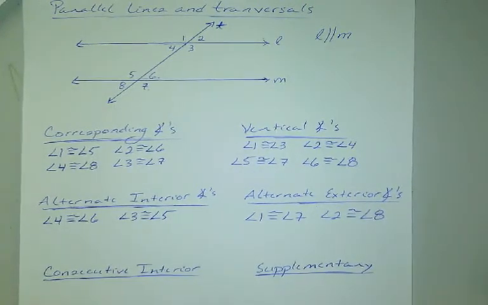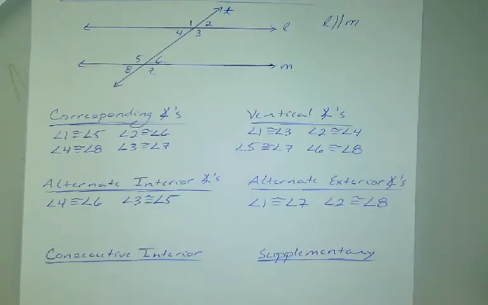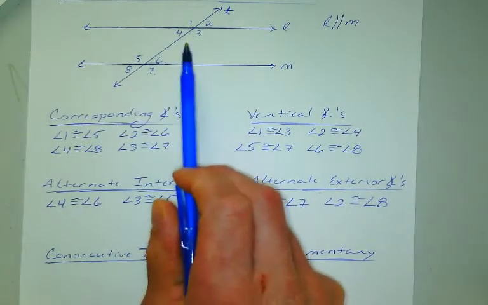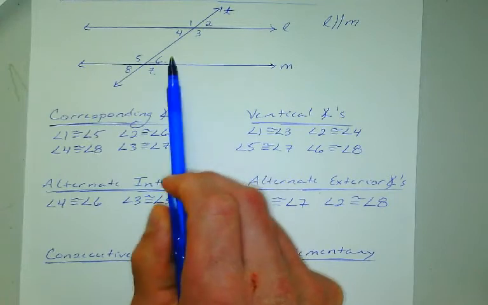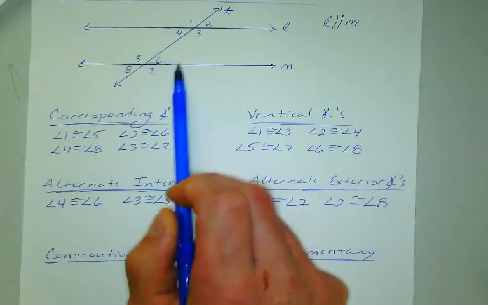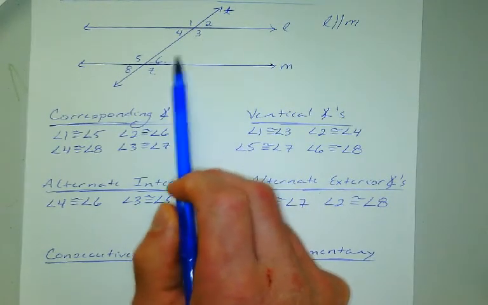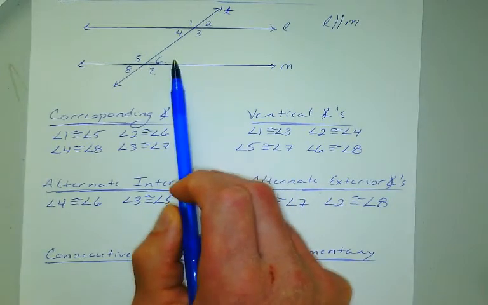All right. Another relationship that we didn't deal with too much this year, we touched on it for maybe a lesson or so, is consecutive interiors. These are angles that are on the same side of the transversal. So like on the right side, like 3 and 6, and they are on the inside of the parallel lines. Now, the special relationship between 3 and 6 is that they are supplements.